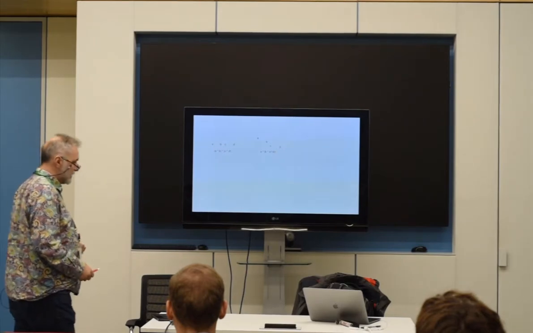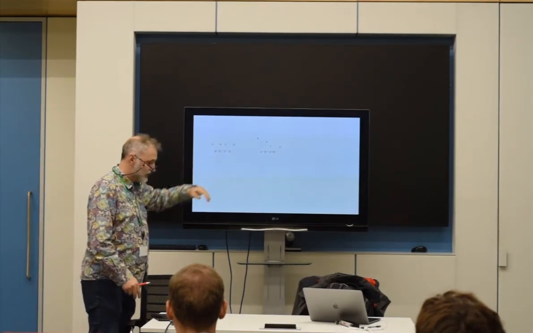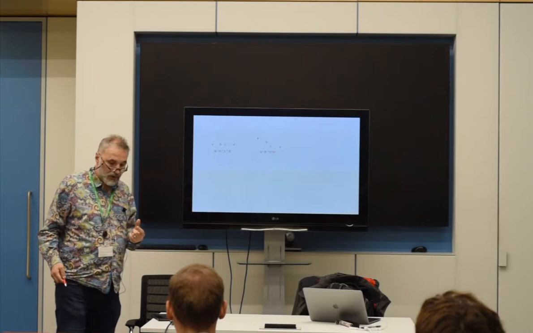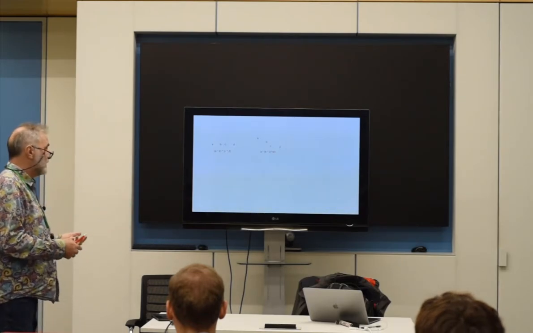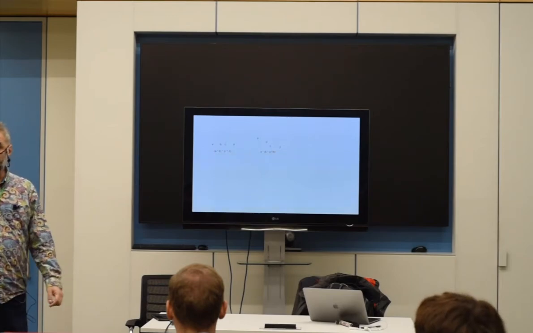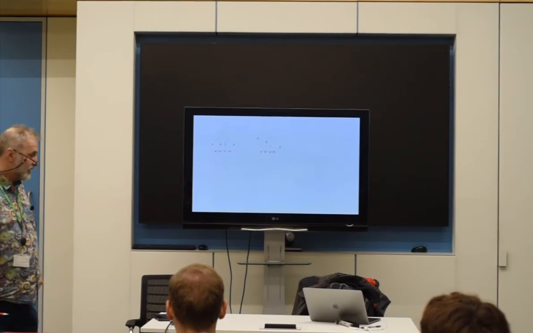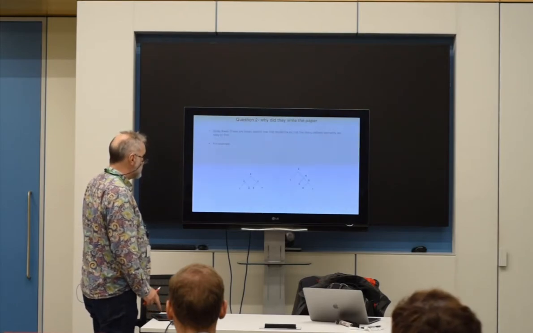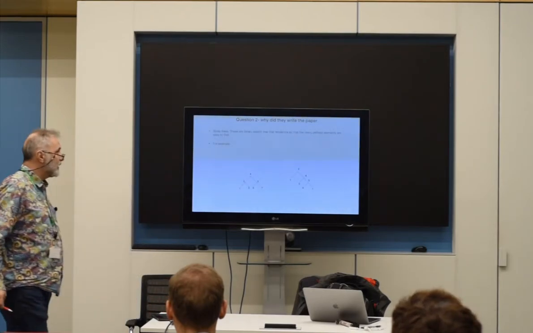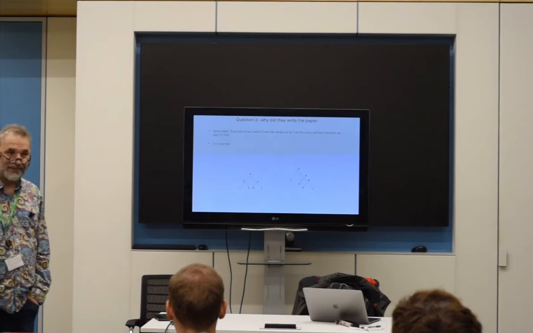How did I go from this to this? You can describe it as just using associativity, or you can describe it abstractly as an operation on trees. And this is the problem that I asked.